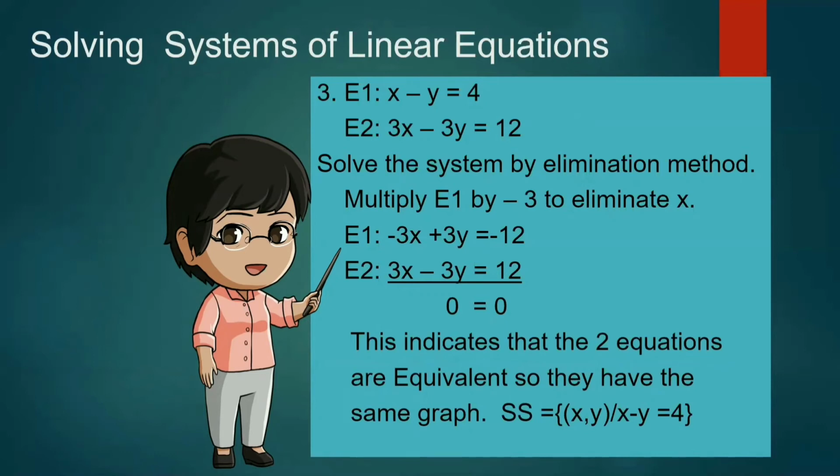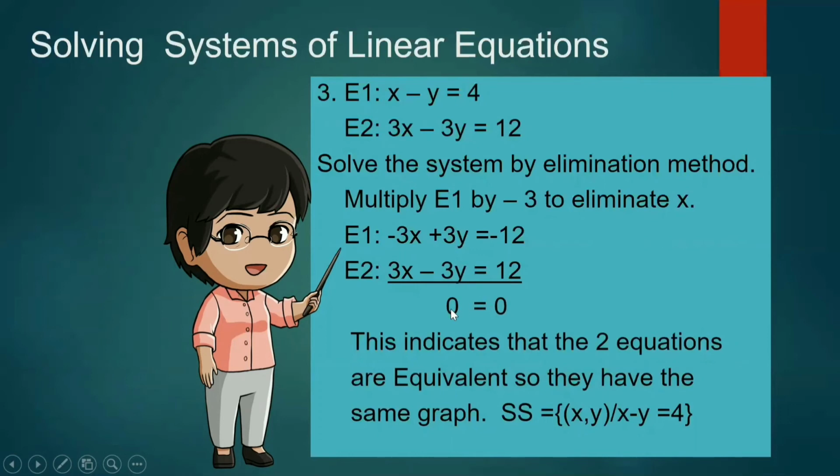Algebraic solution for number 3, and we will solve this by the elimination method. We multiply equation 1 by negative 3 to eliminate x, and after multiplying by negative 3, we have 0 for x, but we have also eliminated y.